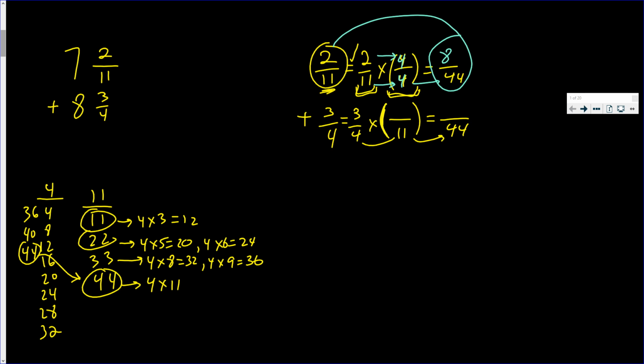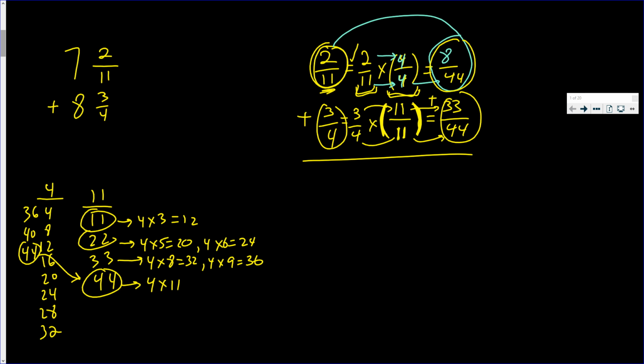If this fraction has any hope of equaling 1, and the bottom has to be 11, then so does the top. 3 times 11 is 33. So what I just discovered was adding these two numbers is the same as adding those two numbers.